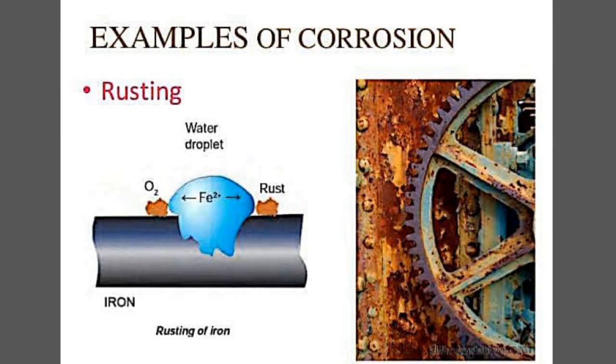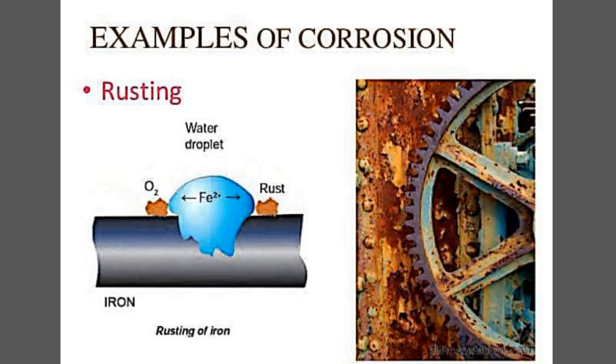Examples of corrosion: rusting, where the iron material comes in contact with water and oxygen and gets oxidized to ferrous iron, and therefore leads to the formation of its oxide, which is hydrated ferric oxide actually. So this is how it takes place, and the metal will get degraded over the years.